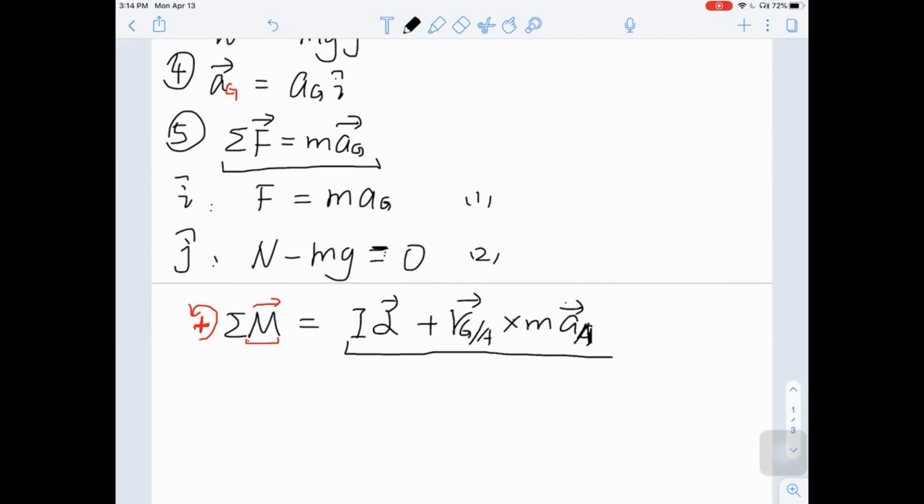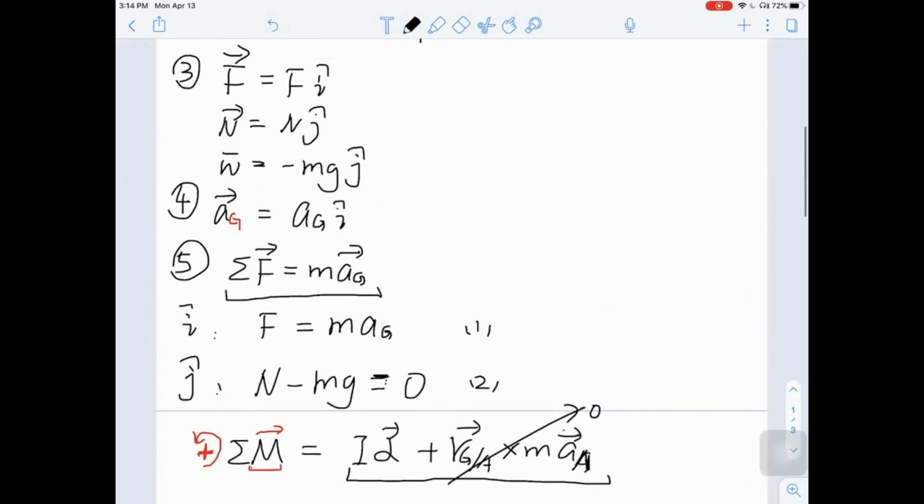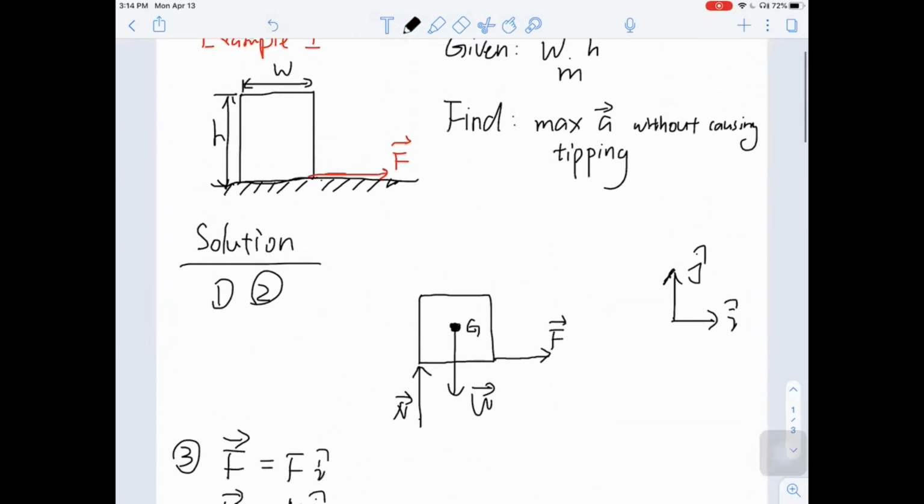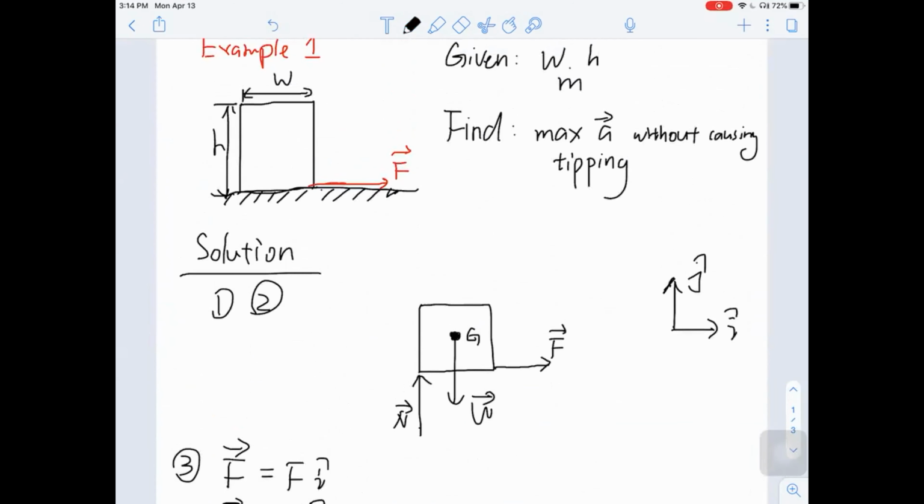And if you can find any special cases, then you can get rid of the second term to make this easier. So now we want to look at our problem to say, do we have any special point we can choose to simplify our equation?